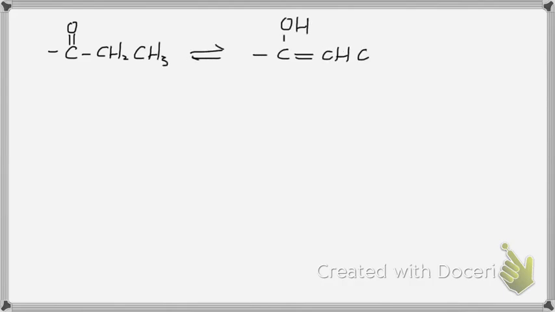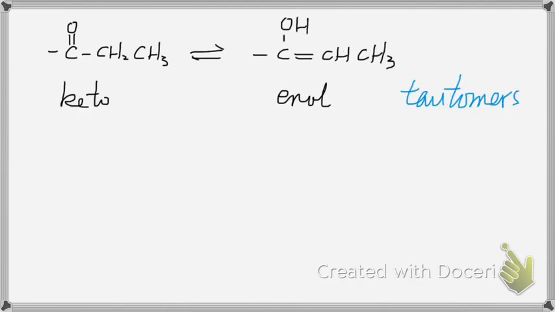We've talked about the keto-enol tautomerization before. In the keto form and the enol form, the difference is the position of one hydrogen, and that is the alpha hydrogen, right?